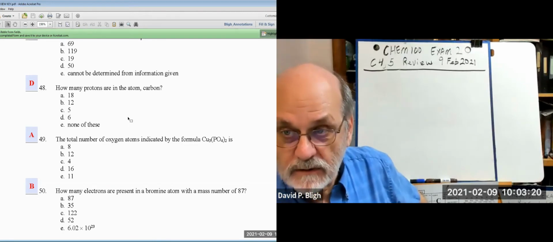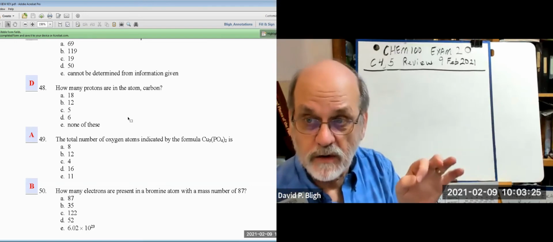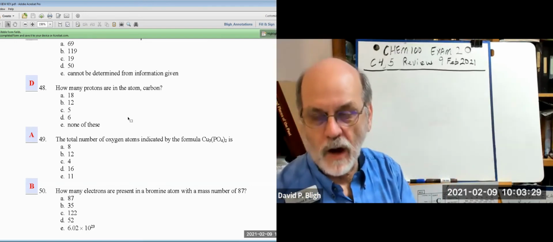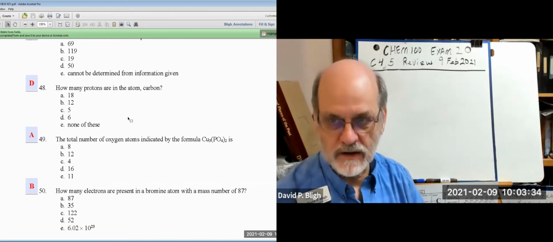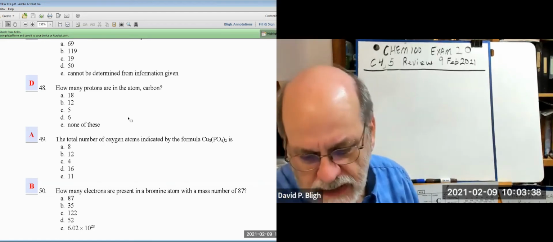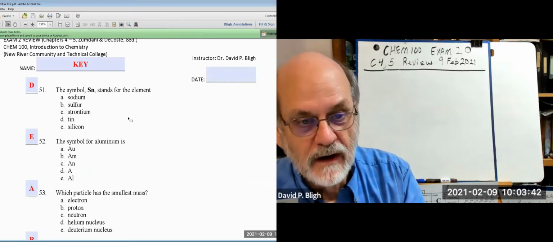And in this table here, it's in the lower left-hand corner of each of the squares. So you look for carbon. Carbon has atomic number of 6, which is the number of protons. That's 48. Let's skip down to 51.